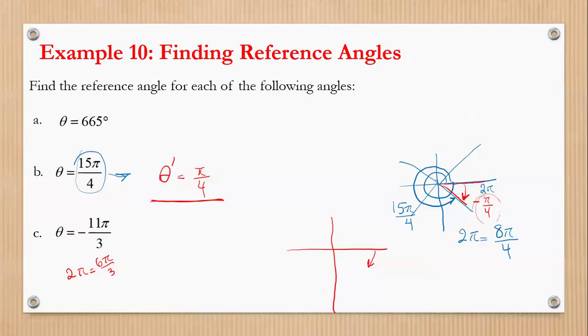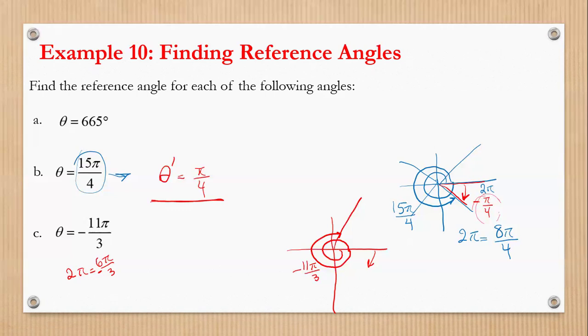If it's negative 6 pi over 3, I need to have 5 pi over 3 after that. So this angle passes the first rotation, and 5 pi over 3 after the first rotation is somewhere over here, I believe. This is negative 11 pi over 3.